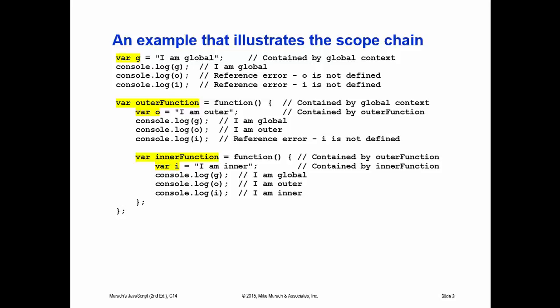When you're in the inner function, all three variables are available. In other words, the variable i is available, the variable o is available, and the variable g is available. They mention in here that objects created within other objects have access to their own scope and the scope of the object that contains them.